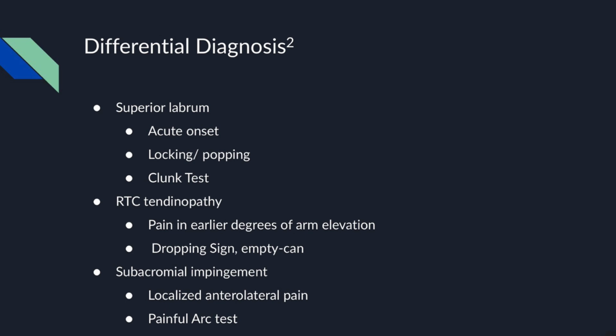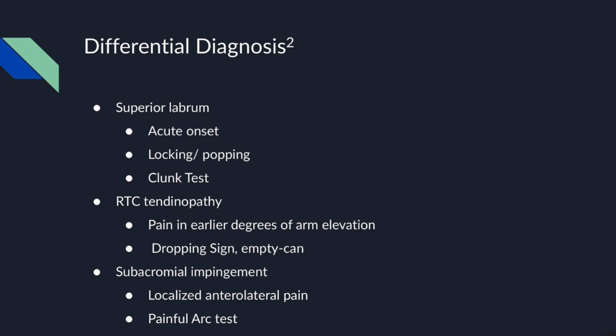glenohumeral space. Rotator cuff tendinopathies present very similar to this because they're all right there in that region. So it's very important, but local testing has been shown to be very sensitive to this and can give us accurate readings if we're diligent in our testing periods.